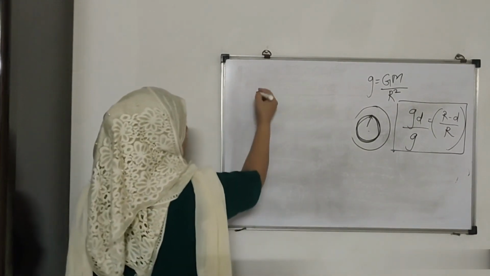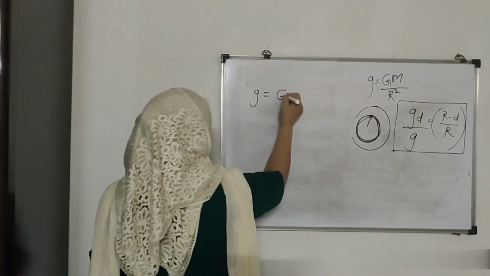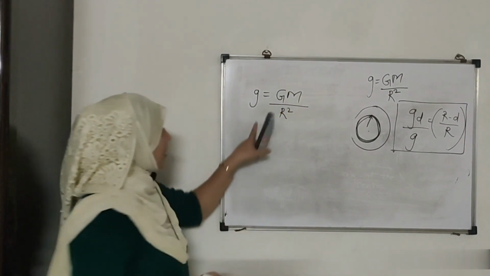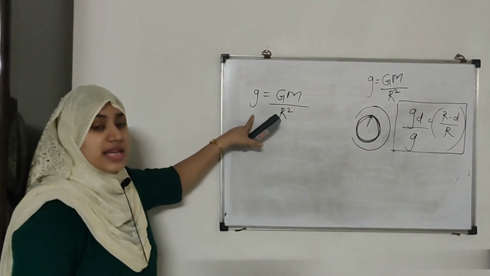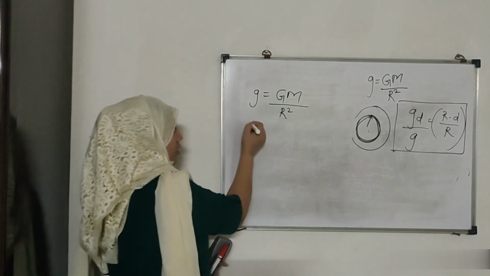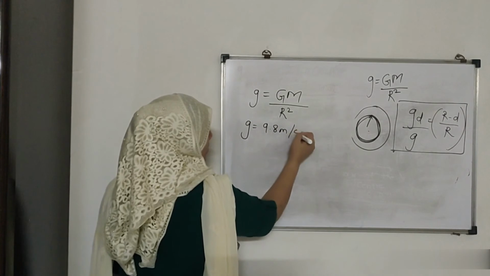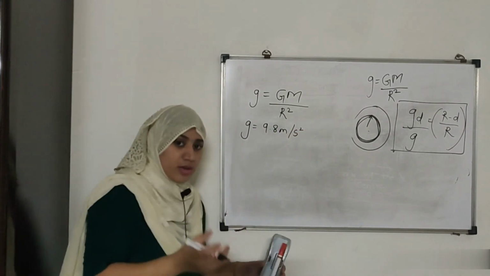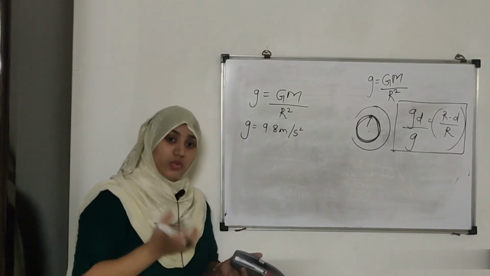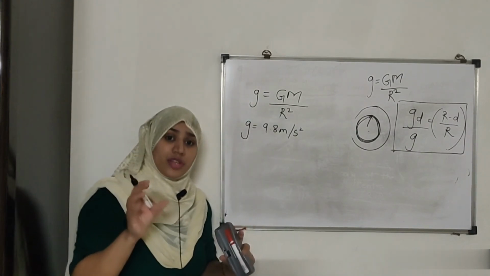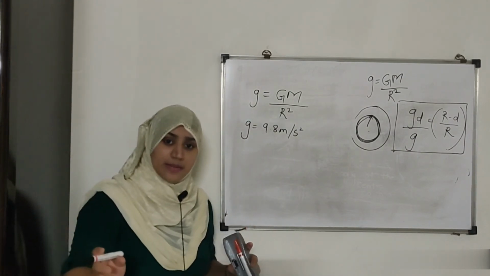See, look at this formula. g is equal to GM upon R squared. So basically the earth is attracting each body with a constant acceleration, right? So when I release two bodies, according to this, everybody should reach the earth at the same time, right?